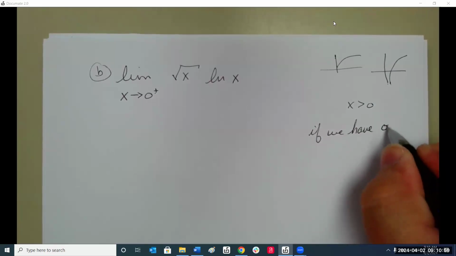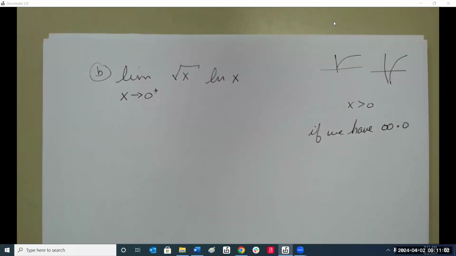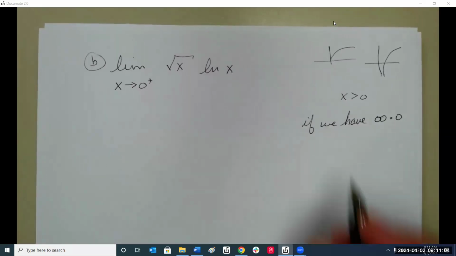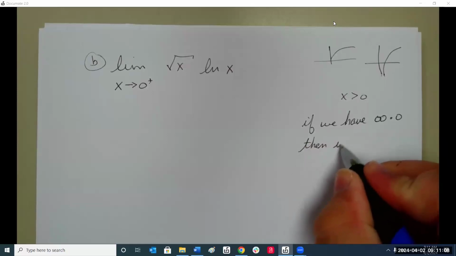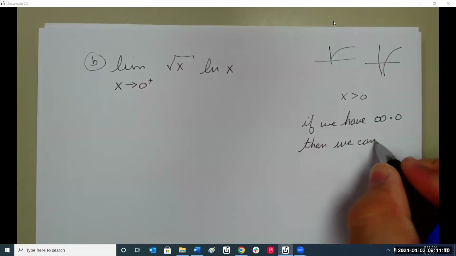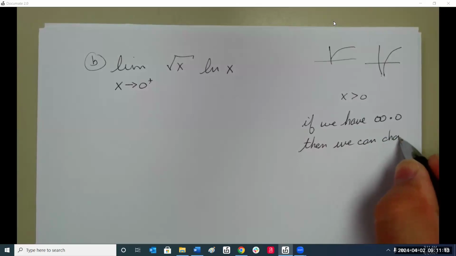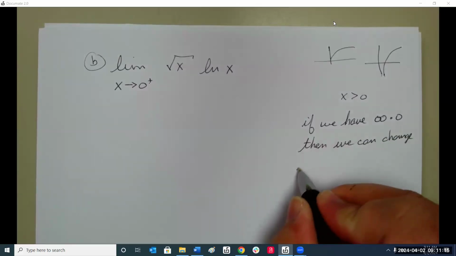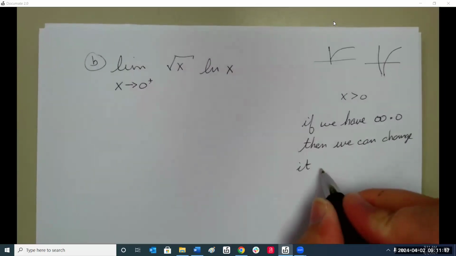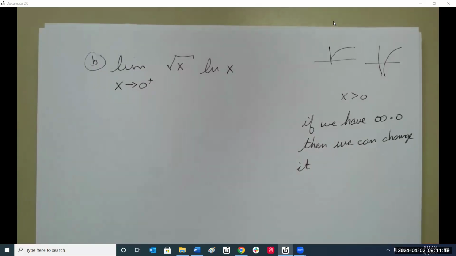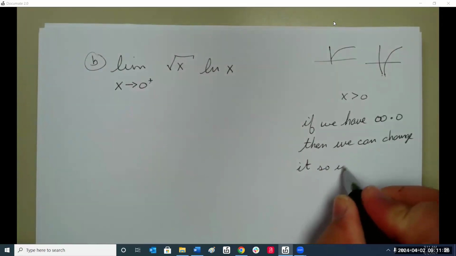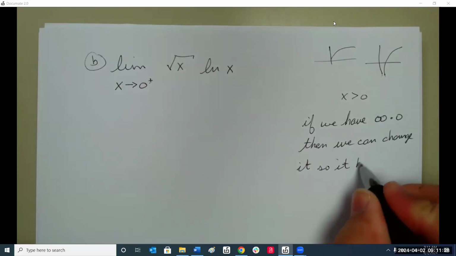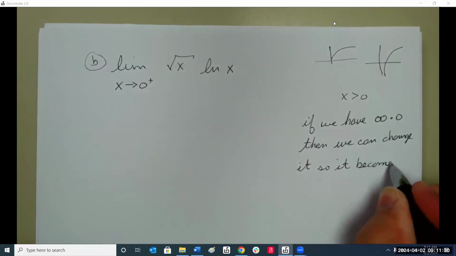If we have this pattern, we can change it using algebraic or trigonometric manipulations.